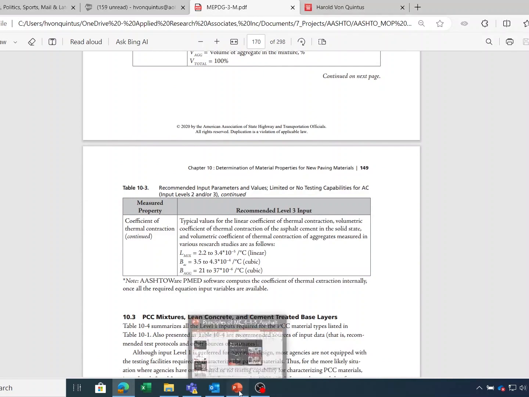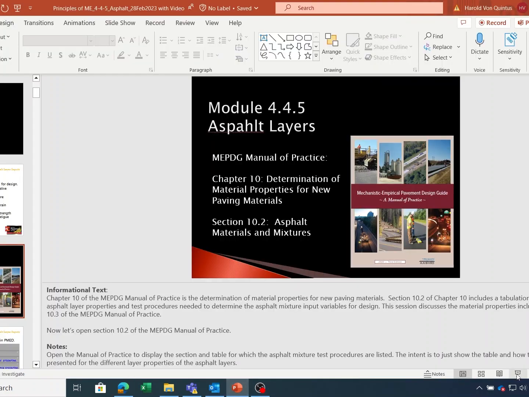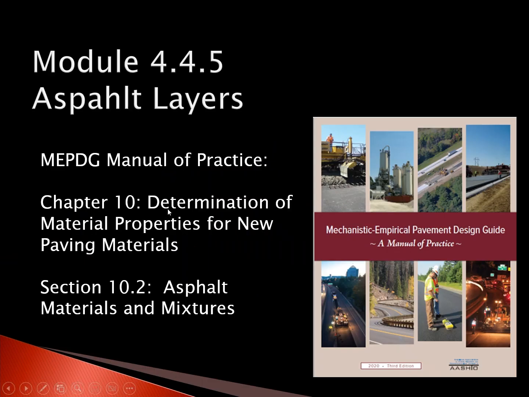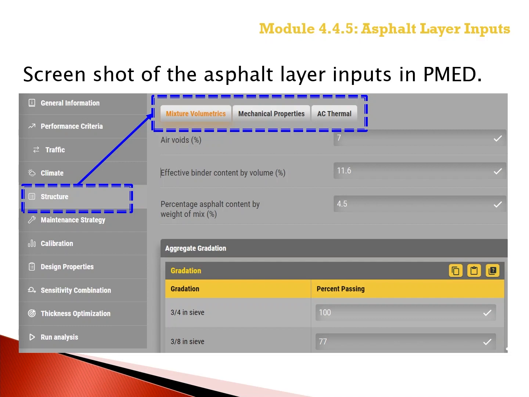Okay, now we'll go back to the presentation and basically continue. So this is the screenshot showing the tabs for the asphalt layer properties and input variables under the structure folder itself.